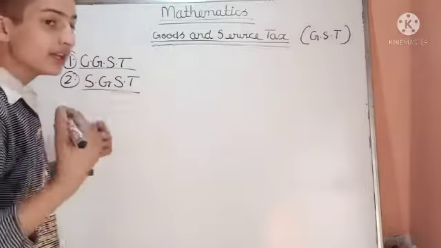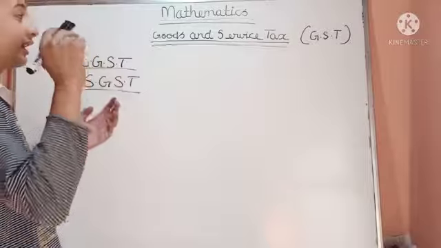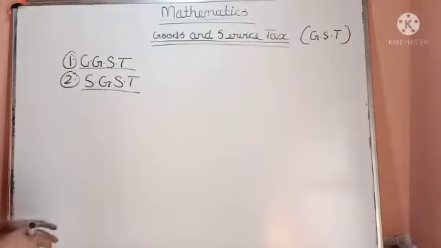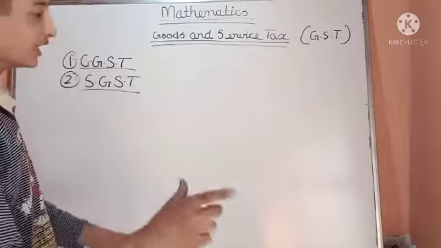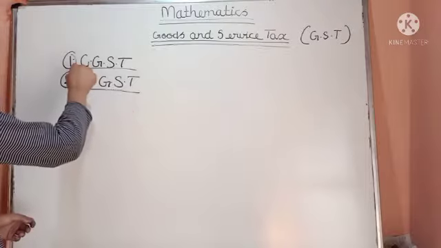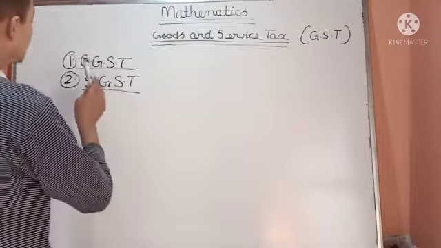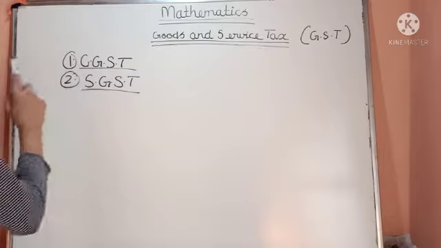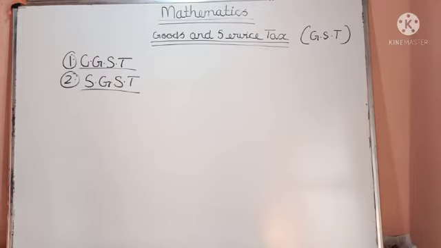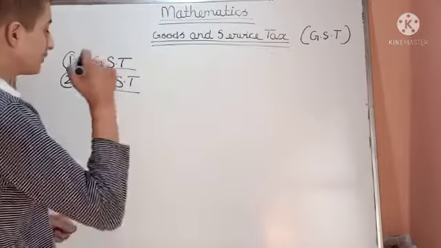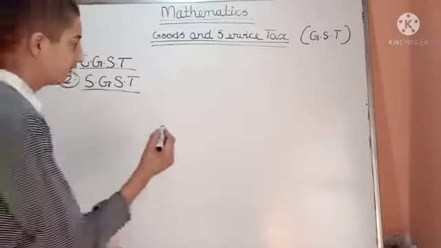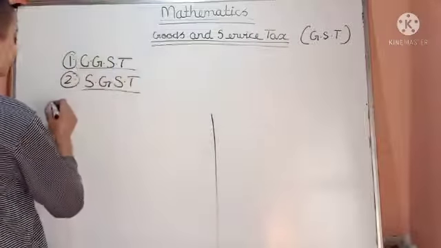But when will we pay tax to the central government and when to the state government? In which types of sales do we pay to each?